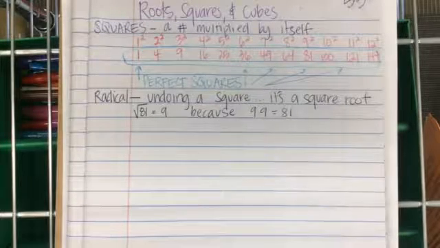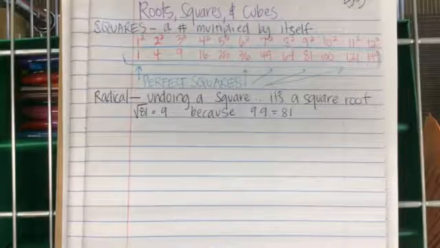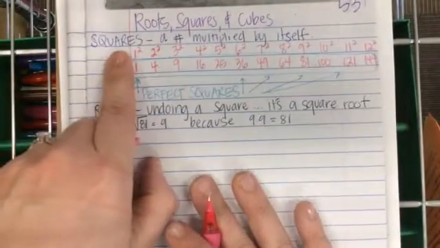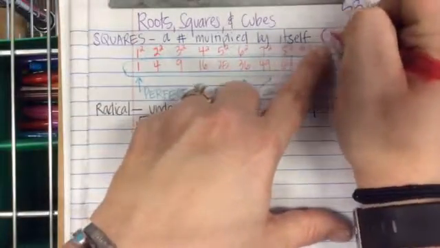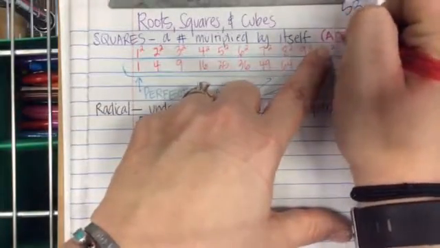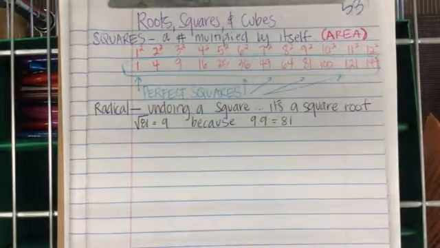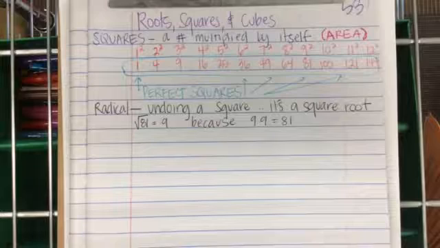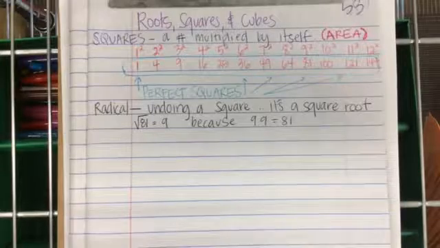Yes. Right. So we're going to take it one little step further. A square is a number times itself, and just for a little reminder, it tends to be area. If it's an area problem, you're working with squares. So to find the area, you do base times height, right?